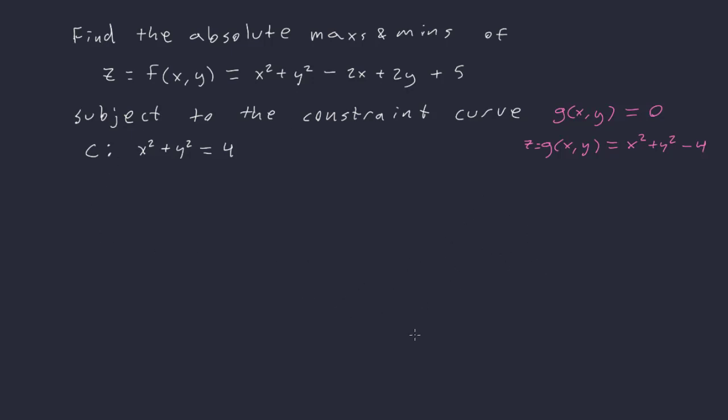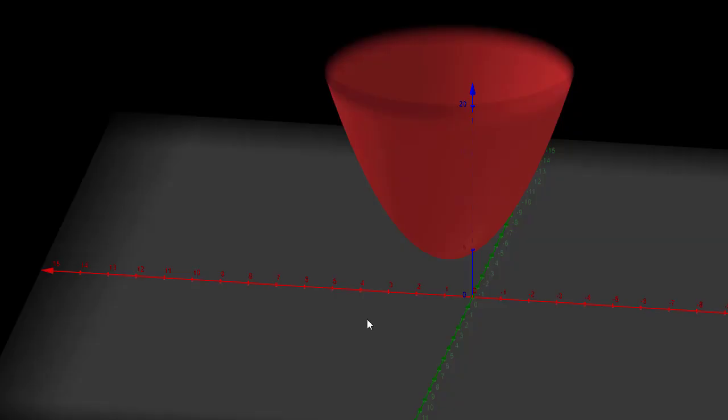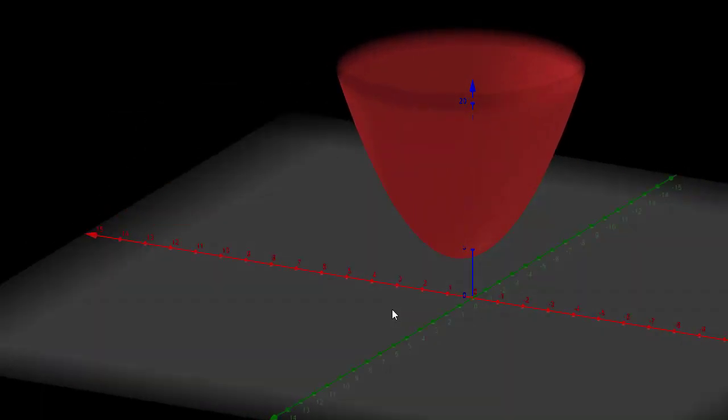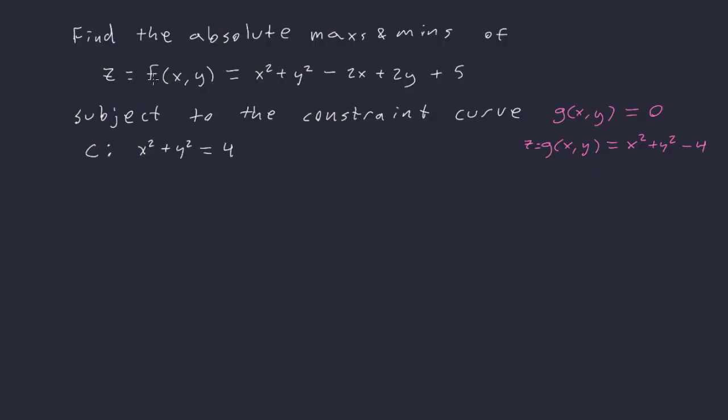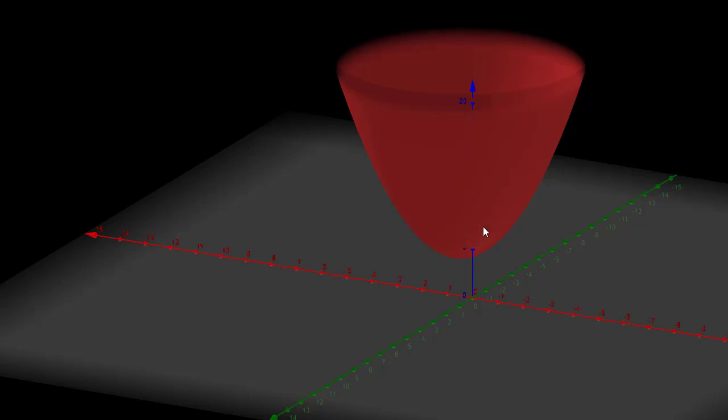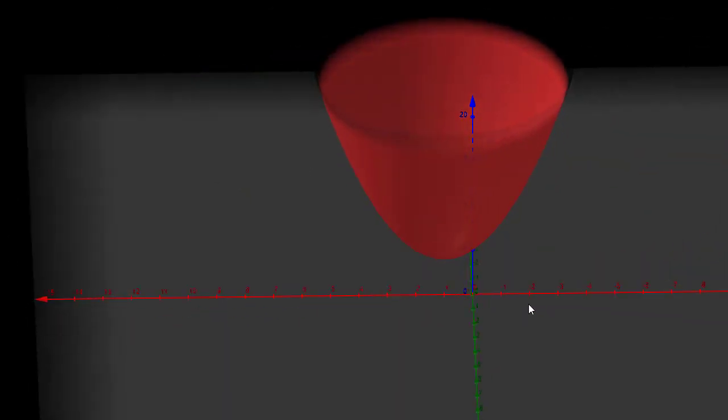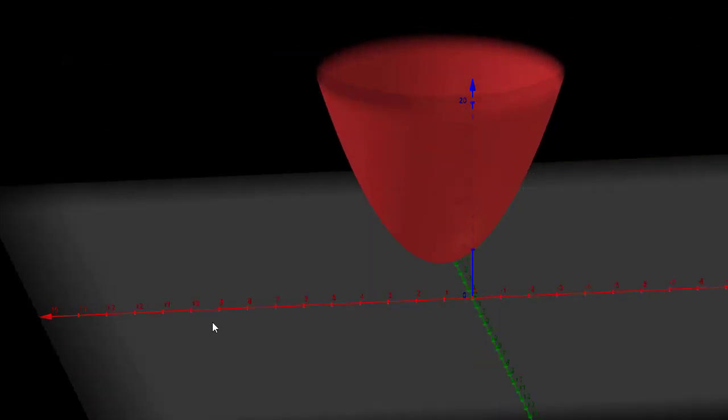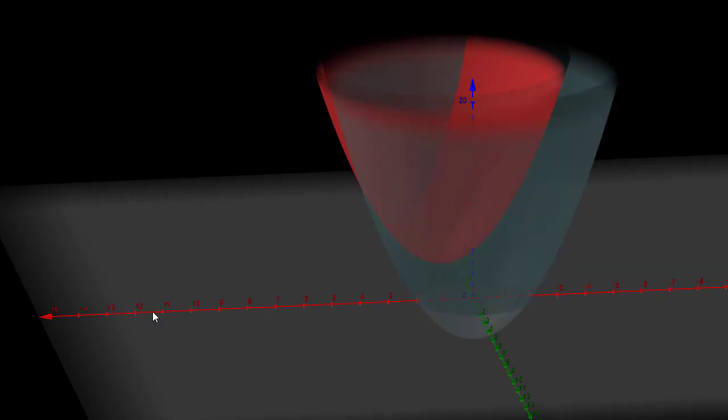All right, so what does this actually mean? Well, let's take a look at a graph. Okay, so here is the surface that we're looking at in red. So that's our f of x y equals x squared plus y squared minus 2x plus 2y plus 5. That is a paraboloid that's been shifted over. Okay, that's all it is. Now here's the constraint curve, or constraint surface.